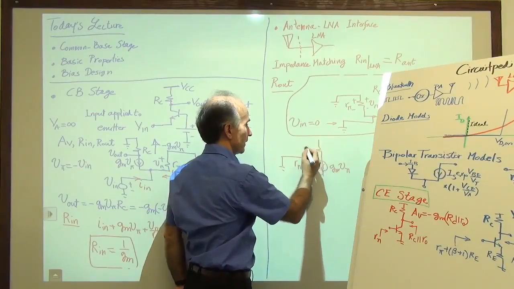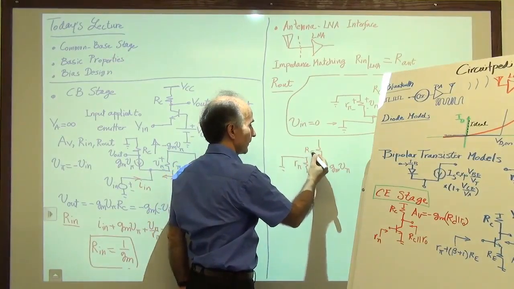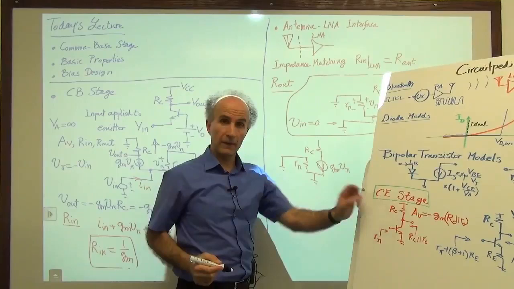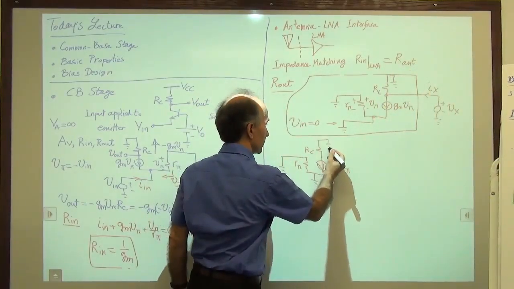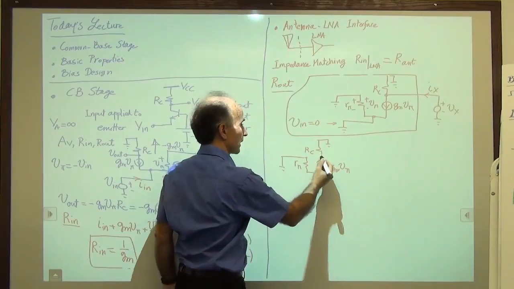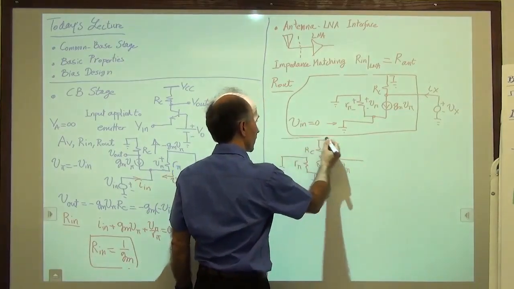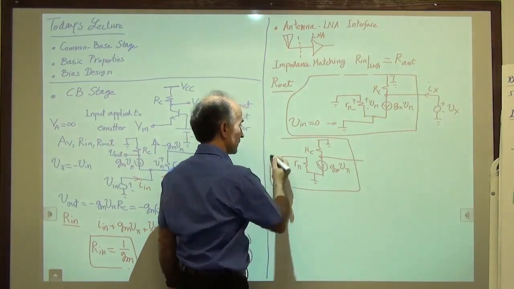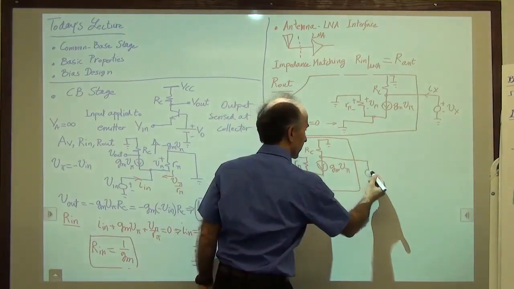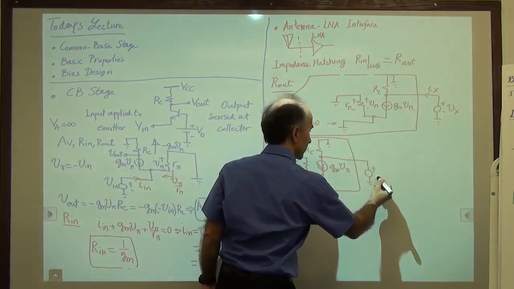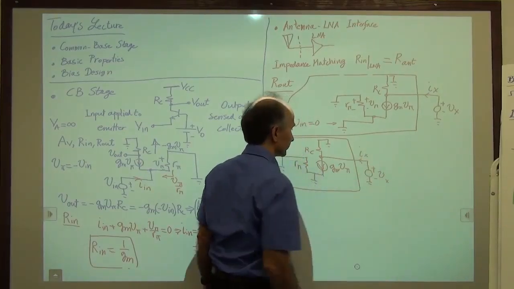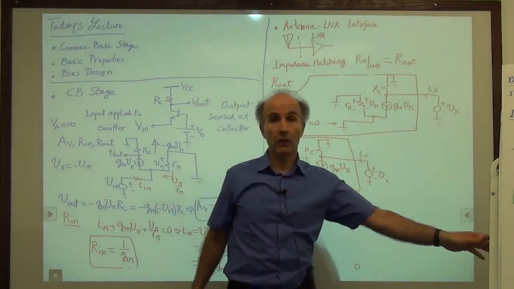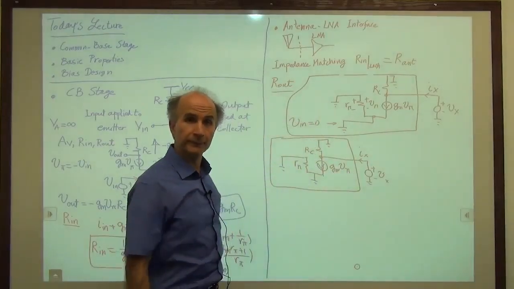VCC is AC ground. And again, the output is here. So we put this in a giant box and we calculate the output impedance by applying a voltage source and measuring the current. So now if you eyeball these two circuits, what do we see?